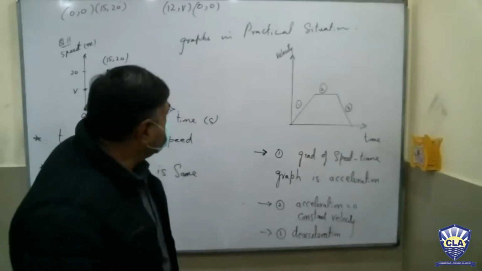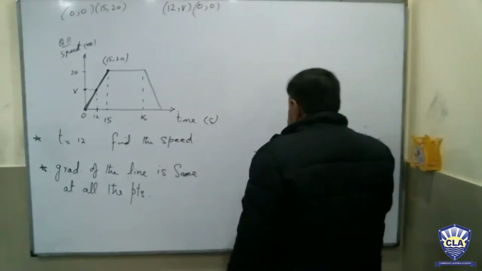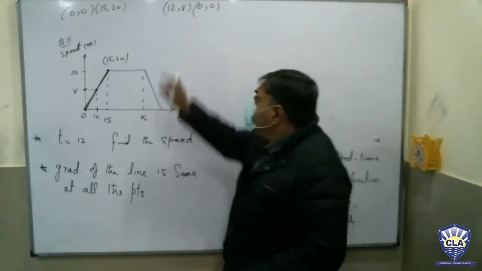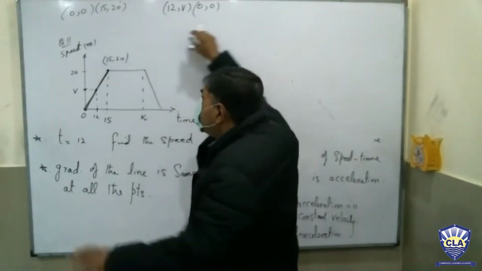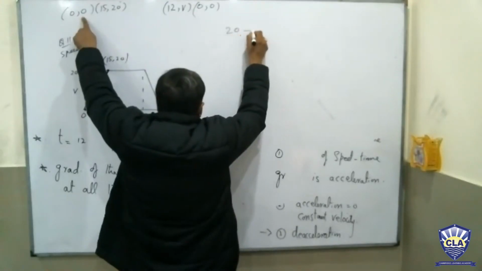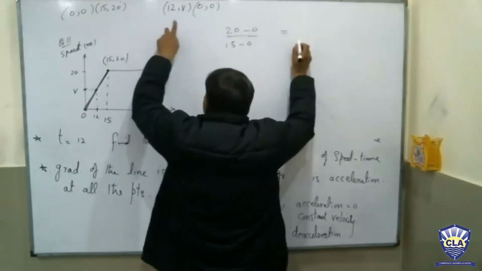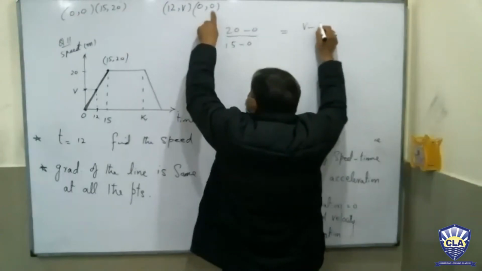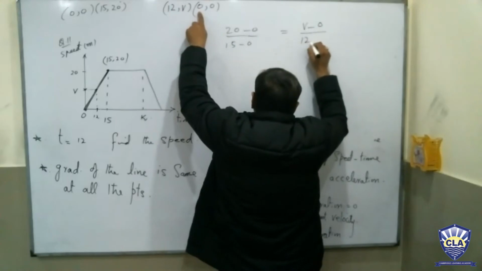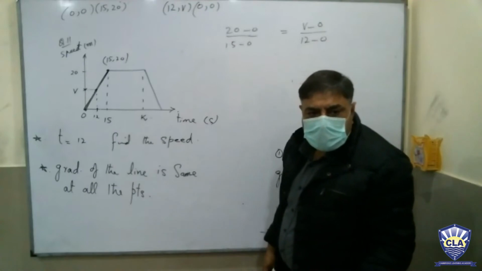Is that clear? So the gradient is the same in both the cases. The gradient is (y2 minus y1) over (x2 minus x1): 20 minus 0 over 15 minus 0 equals v minus 0 over 12 minus 0.